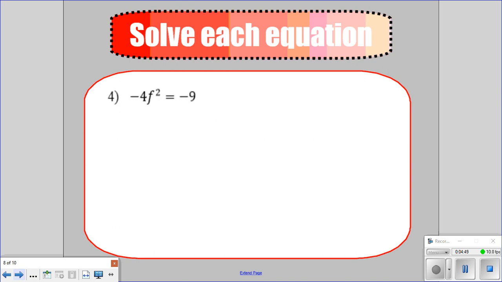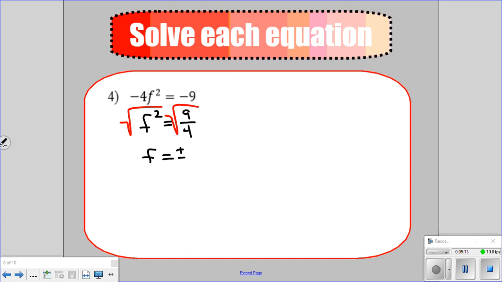Here, I'm going to divide both sides by negative 4, so I get f squared equals negative 9 divided by negative 4, which is just simply 9 over 4. This is a positive number, so I'm going to have two solutions. So I say I have f equals the positive and negative version.